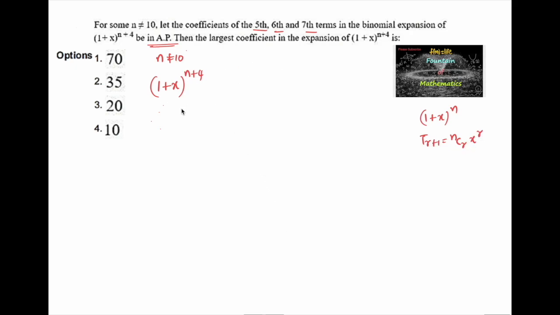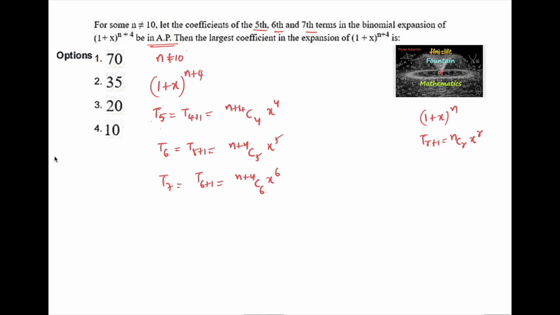So here, the 5th term means we can write t5 is equal to t(4 plus 1), that is n plus 4 C 4 x to the power of 4, and t6 we can write as t(5 plus 1), which is equal to n plus 4 C 5 x to the power 5, and t7 we can write t(6 plus 1) is equal to n plus 4 C 6 x to the power of 6.